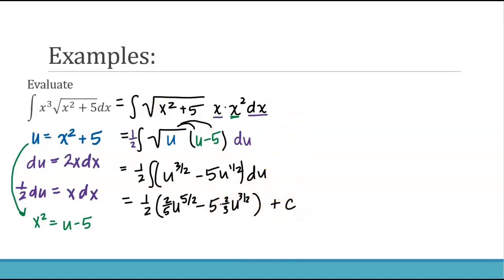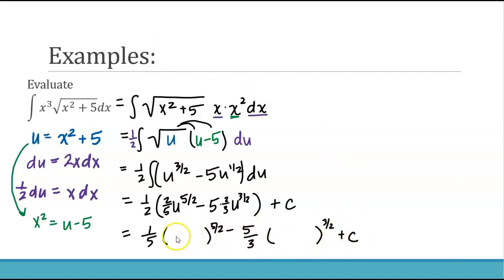plus c. And then we're going to just go ahead and multiply the 1/2 in and plug our u back in. So if we multiply the 1/2 times 2/5, we get 1/5 u to the 5/2. So leave a space for that u. And if we distribute in the 1/2 over here, we'll end up with negative 5/3 u to the 3/2 plus c.